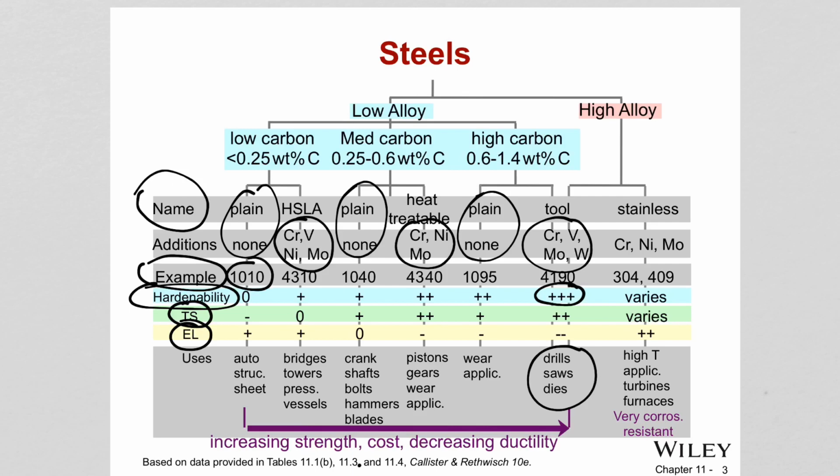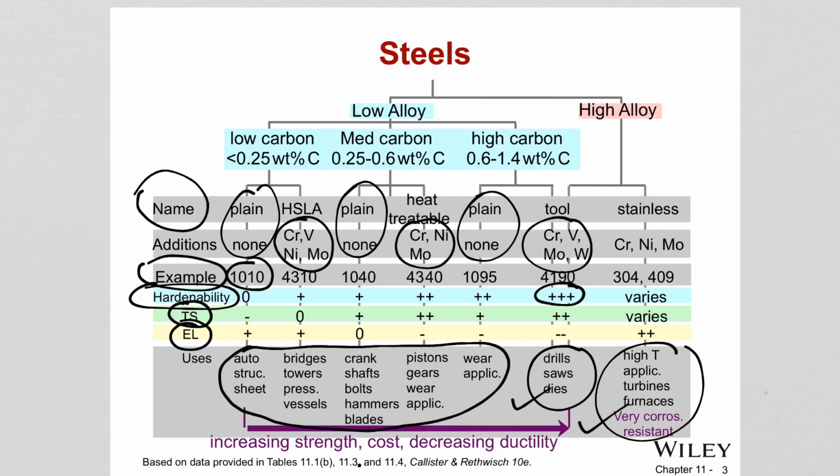At the end of the table, we are also seeing the application areas for these different types of alloys. We already covered those, right? You can see a wide range of application areas for all the remaining types of steel alloys. The important thing here is the bottom of the chart.